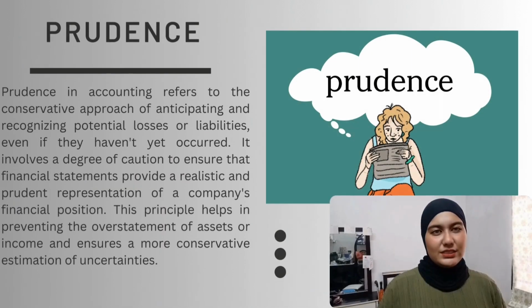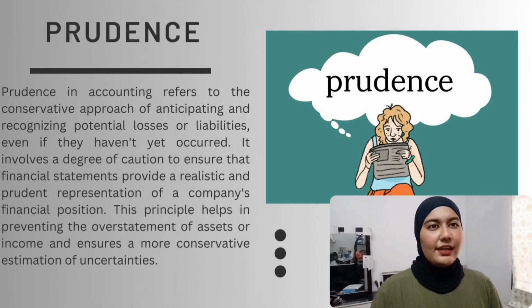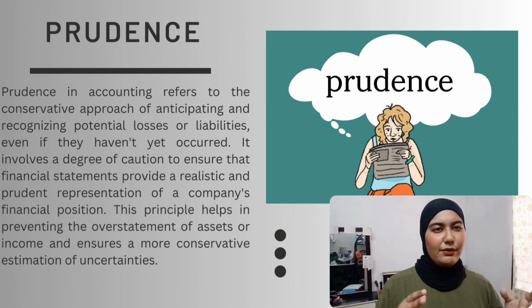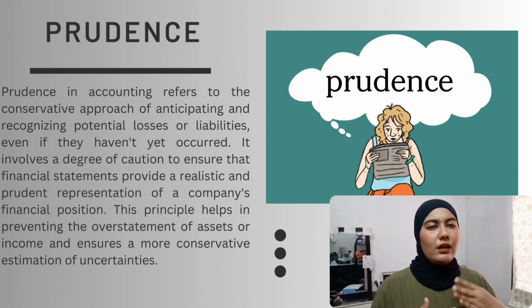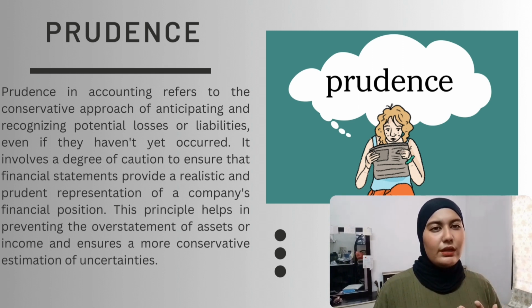Next, we go to prudence. Prudence in accounting refers to the conservative approach of anticipating and recognizing potential losses or liabilities even if they haven't yet occurred. It involves a degree of caution to ensure that financial statements provide a realistic and prudent representation of a company's financial position.